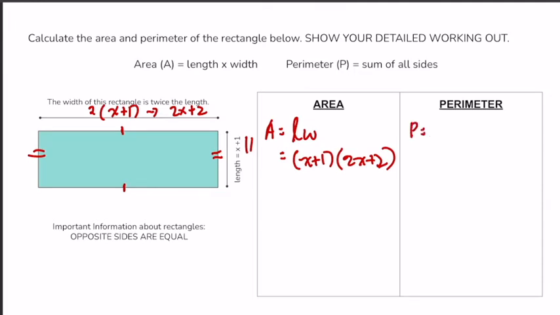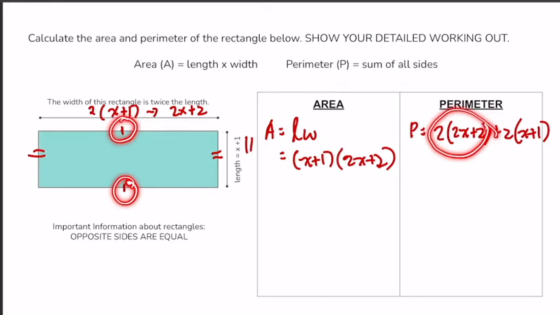While the perimeter would be 2x plus 2 plus 2x plus 1. Again, it's because perimeter is the sum of all sides. 1, 2, 3, 4. And so these two are equal, hence 2 times 2x plus 2.